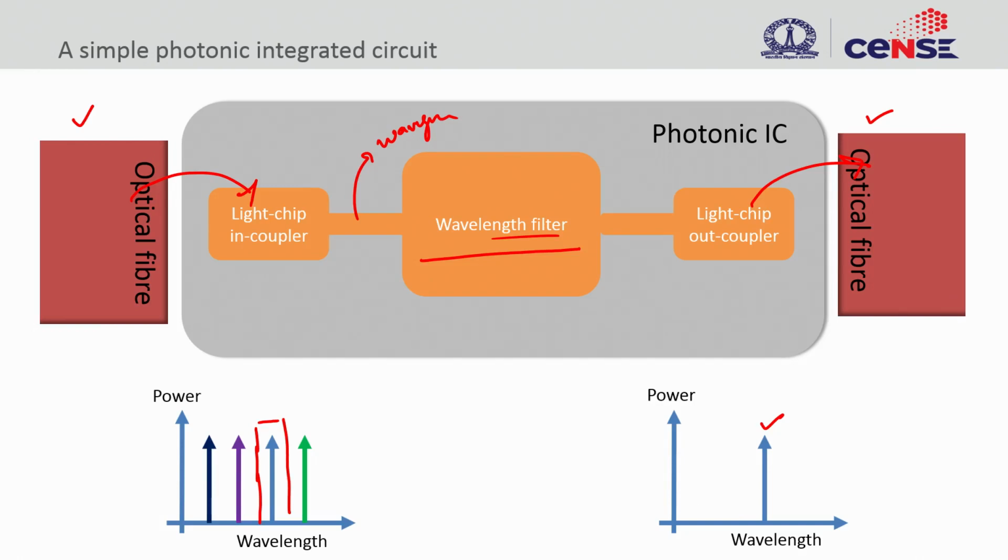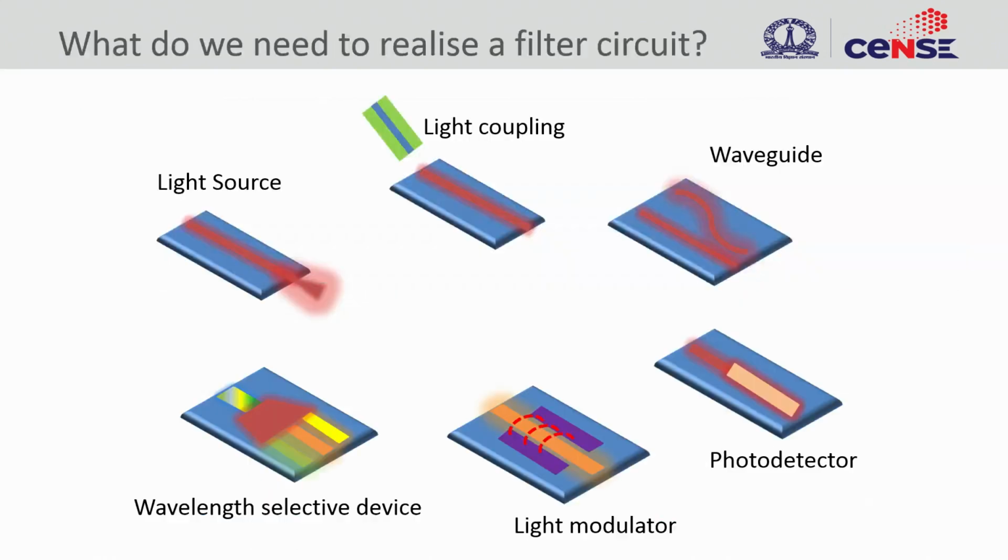So what do you need to create this functionality? Let us look at all the components that we need in order to develop this filter circuit. I hope you remember this particular slide in a different form earlier in the course, where we discussed different functionalities that you have on chip, starting from waveguide to detector, wavelength selective device, sources, light modulators and couplers.